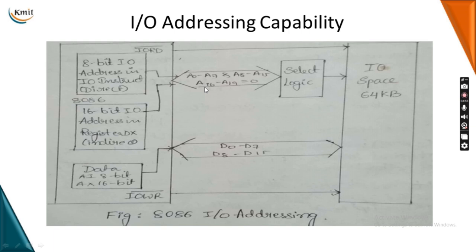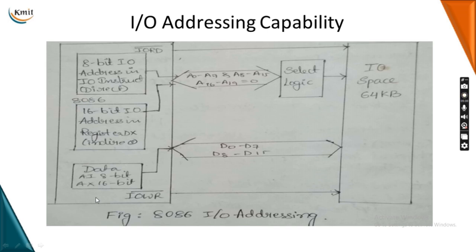So 16 bits can be stored in the low order bank or even bank, and the high bank or odd bank, where A16 to A19 will be 0. Depending upon the selection lines or selection points, it will select the logic, take the data and do the task.